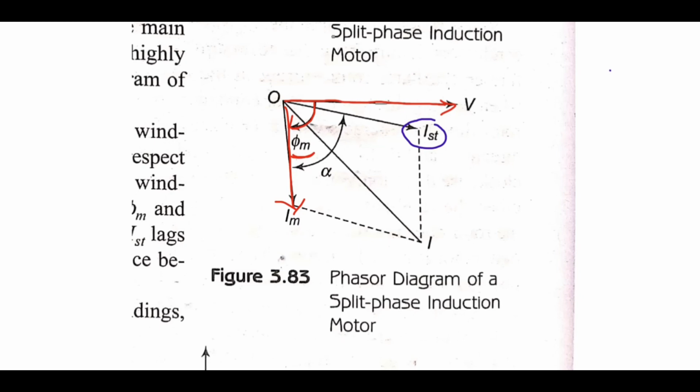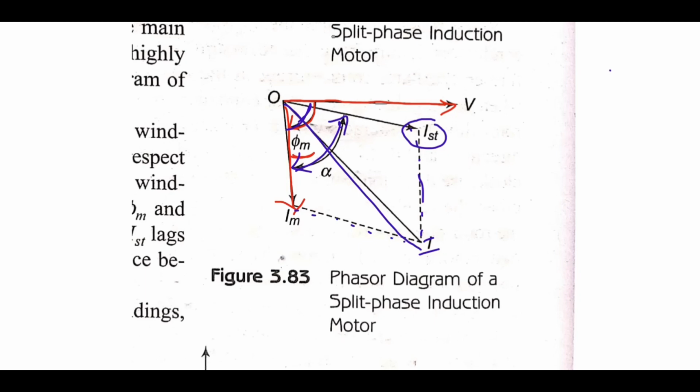Hence the phasor difference between Im and Ist is maximum. This alpha is maximum. We have already seen how this angle alpha arises in the earlier point. The resultant is a current I, the total current.